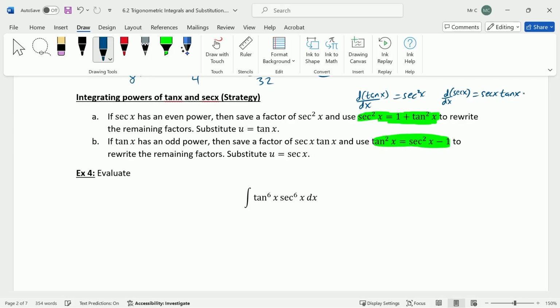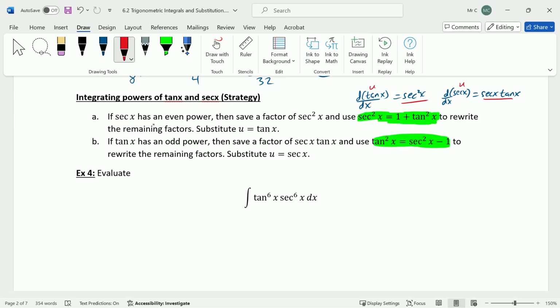So that makes this process quite a bit different than the process for sine and cosine, because if I'm going to do a u substitution of tangent of x, I need to set aside a secant squared of x for my du portion. And if I'm going to do u as secant of x, I have to set aside a secant x tangent of x for my du. So that's what this says here.